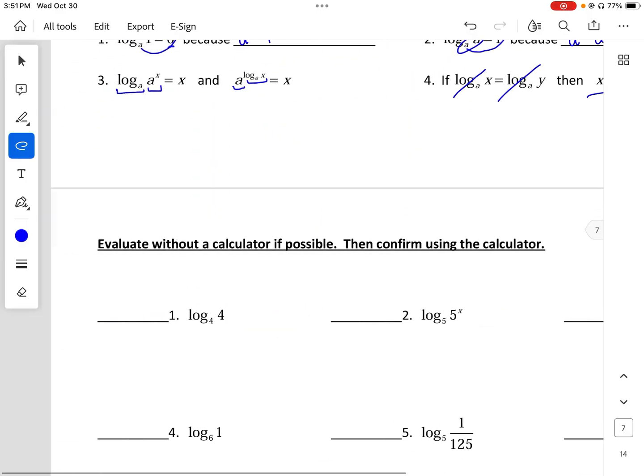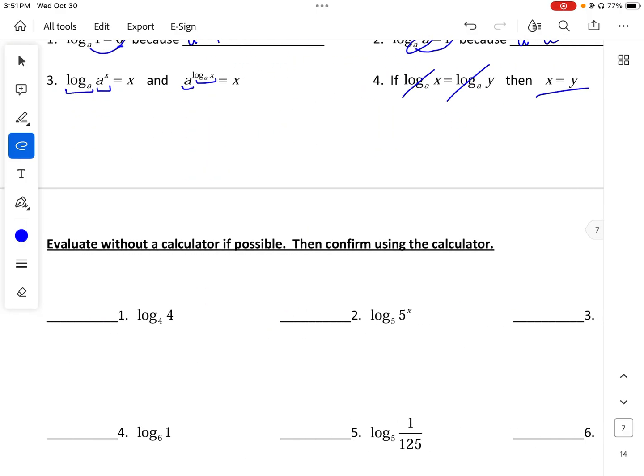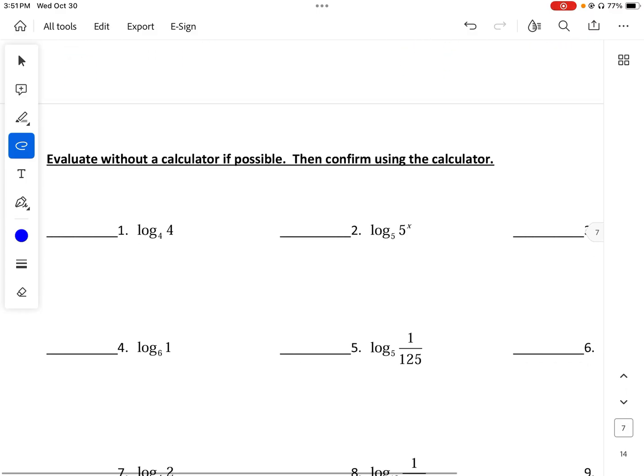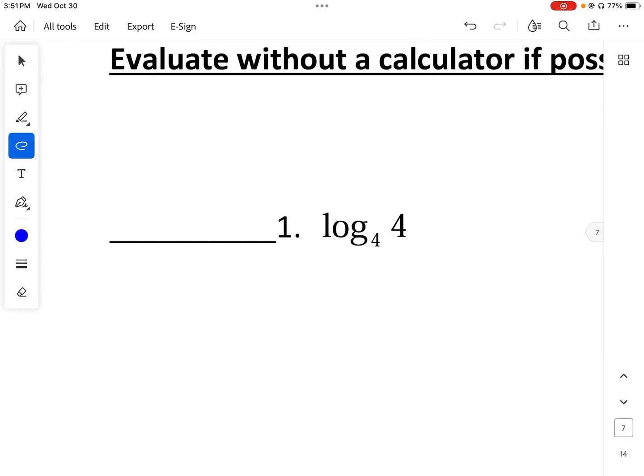Okay, let's look. It says evaluate without a calculator if possible, then confirm using the calculator. I'll teach you in class how to confirm this. All right. So log base 4 of 4, we're going to say equals x, so that we can do the swirl. 4 raised to the x equals 4.